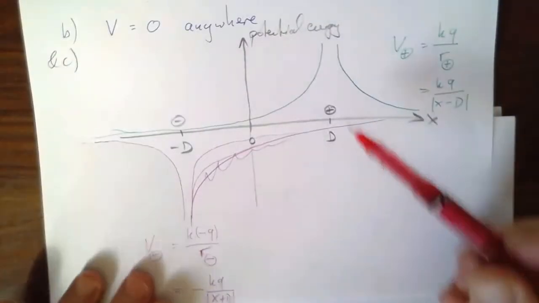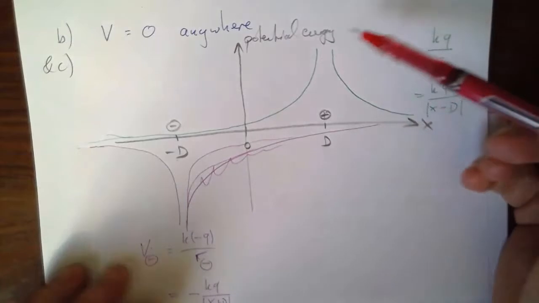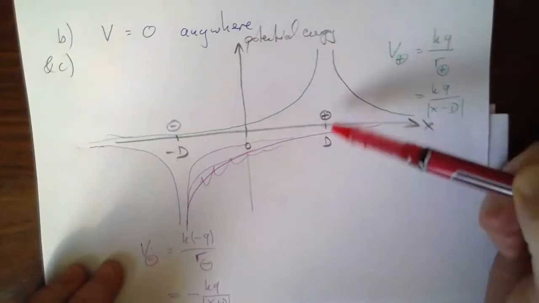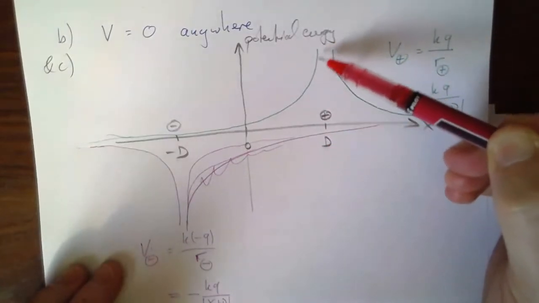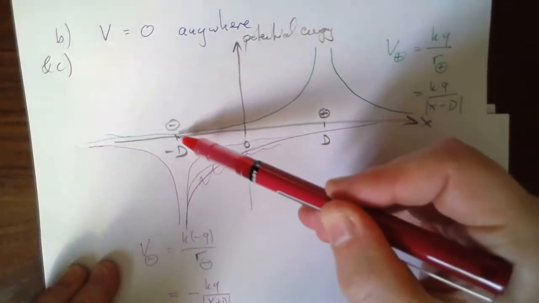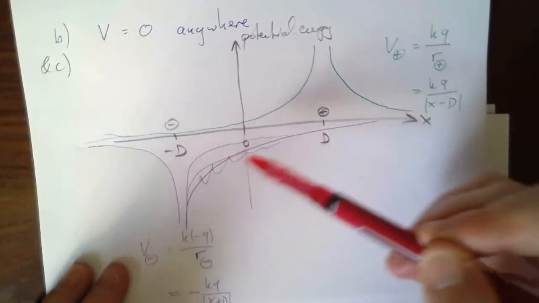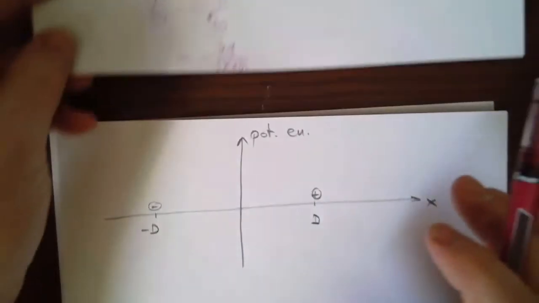If one of them goes to infinity, but this one's finite, it's still going to be infinity. This thing here plus this thing here is pretty much this thing here. Similarly, over here, if I add a teensy bit of positive potential to infinite negative potential, it's still infinite negative.